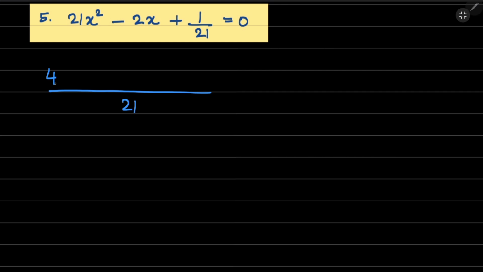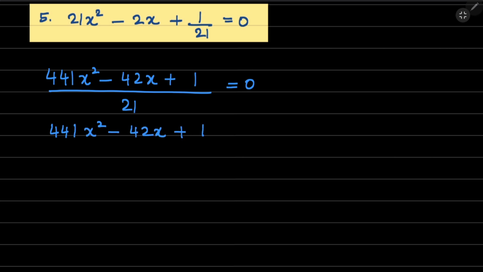So the first term is 441 x square minus 42x plus 1 equal to 0. When you cross multiply, the denominator 21 vanishes. So what you are left with is 441 x square minus 42x plus 1 equal to 0.